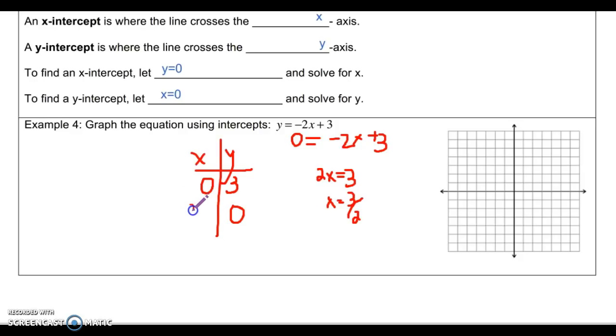So that means our x value here is 3 halves. So when I plot that, 0 horizontal, up 3, and then positive 3 halves, which is 1.5, and down 0. So this is the line that you end up with. And again, it's a line, so it has arrows on either end.